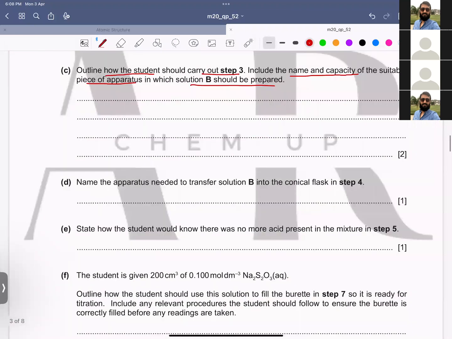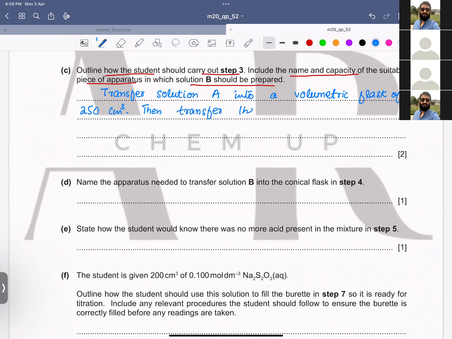So first step, transfer solution A into a volumetric flask of 250 cm³, then transfer the washings of A as well.